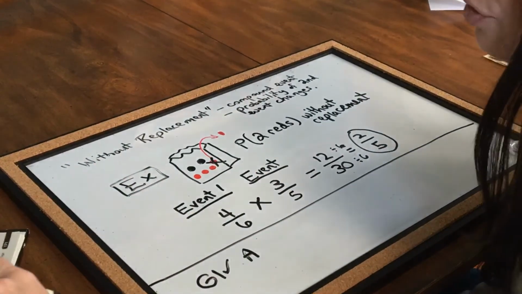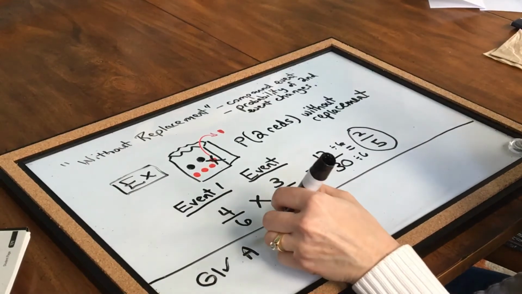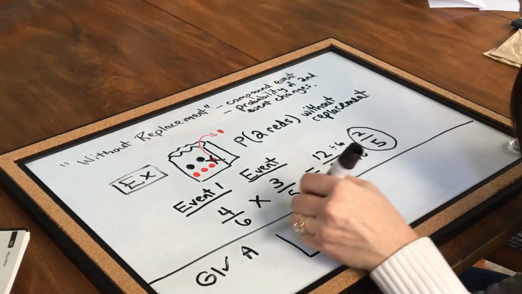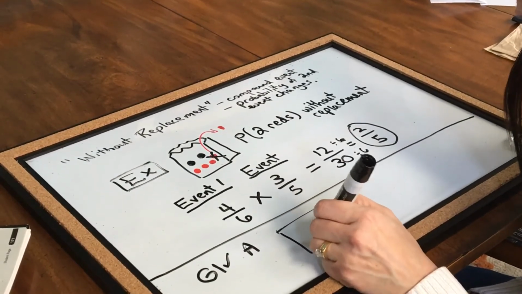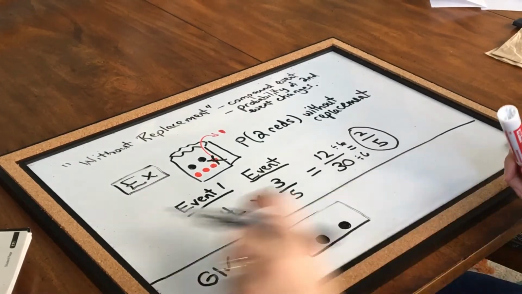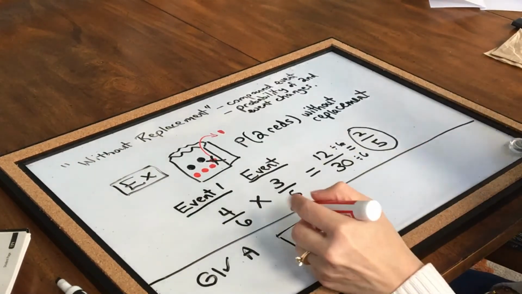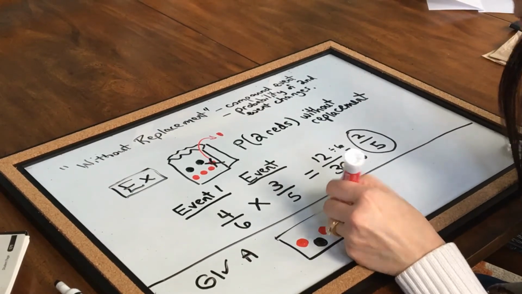And when we read the story in Got It Check A, it tells us that we have a card. On the card, there are 2 spaces that will give us a win, but there are 3 spaces that will give us a lose.